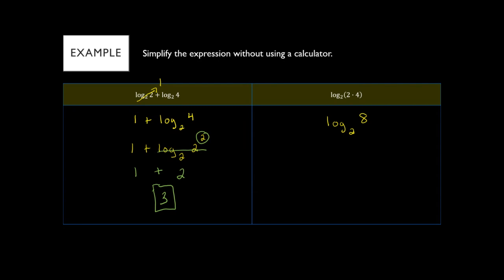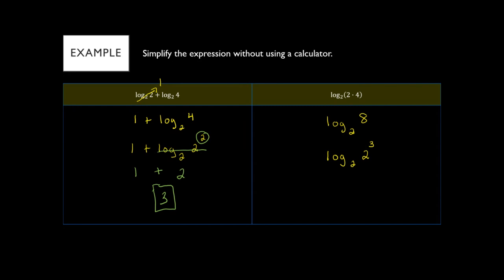Again, we don't have a rule on how to simplify if the base of the log doesn't match what you're taking the log of. So we want to rewrite 8 as 2 to some exponent because we want to match the base. 8 is equal to 2 to the third power. So we rewrite this as log base 2 of 2 to the third power.